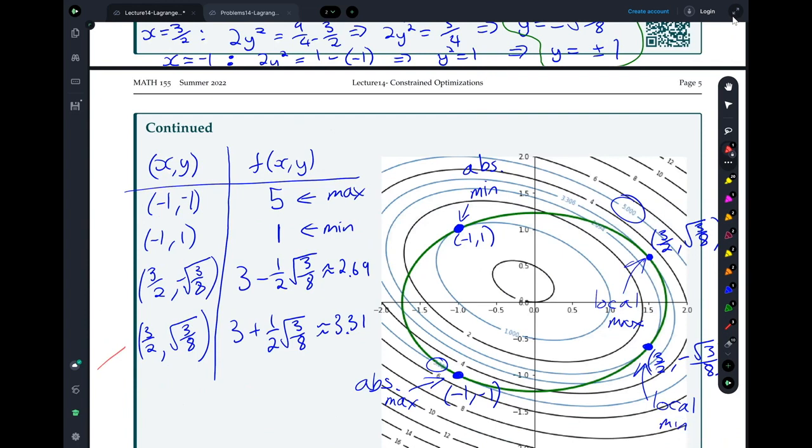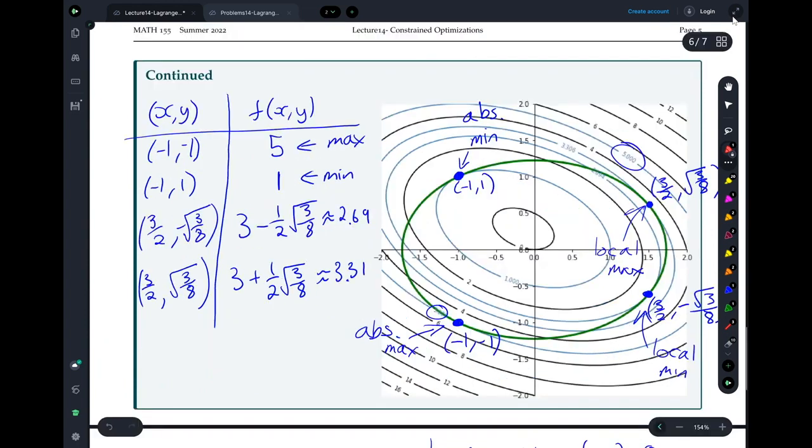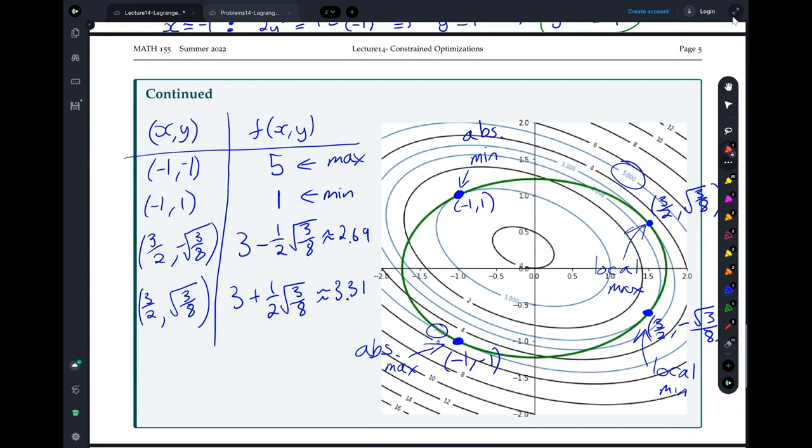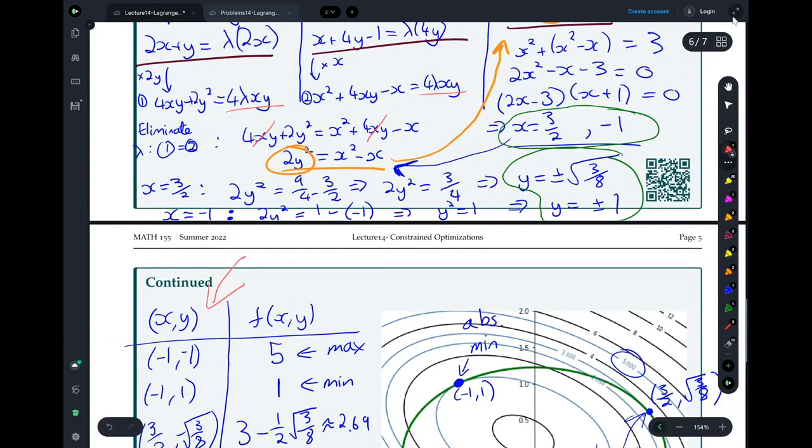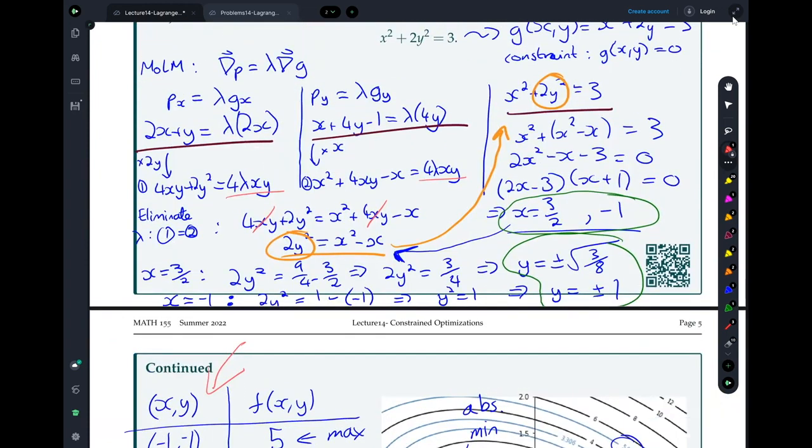How did you know this minimum and this maximum? That's a good question. So here we've got a diagram, so we can work it out. Ignore the diagram for a second. Suppose we don't have that. Suppose all we've done is we've worked out from the above, from this slide here, our possible x values and y values from this calculation up here, what's circled in green.